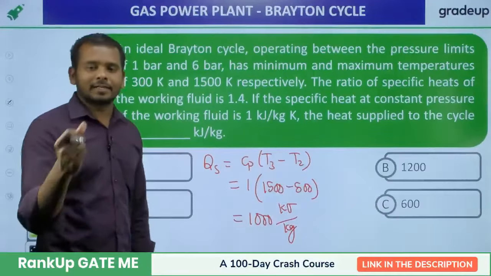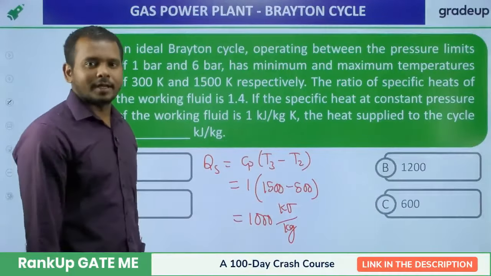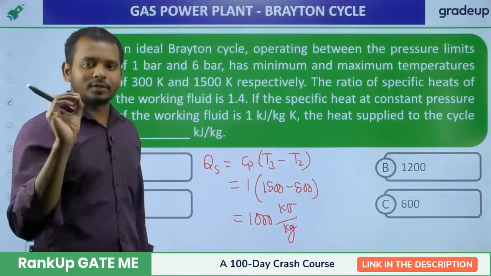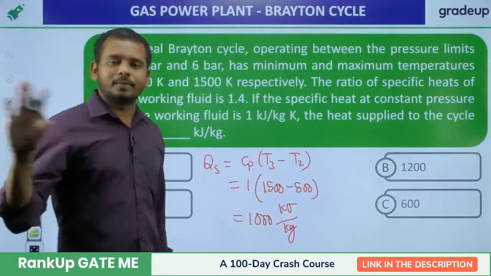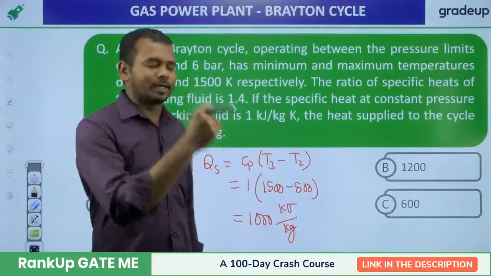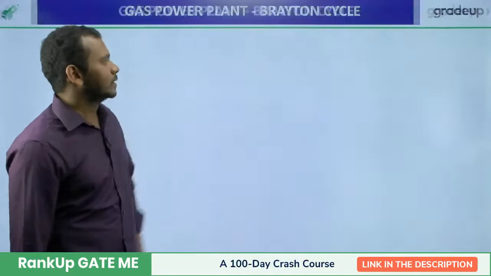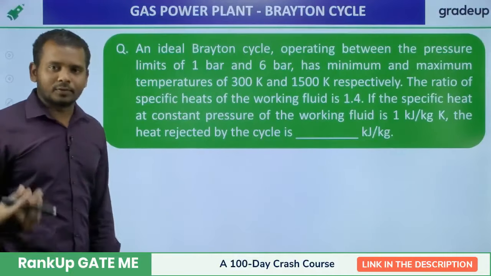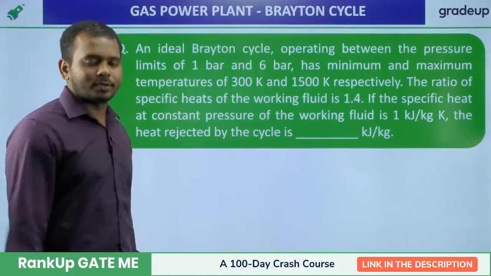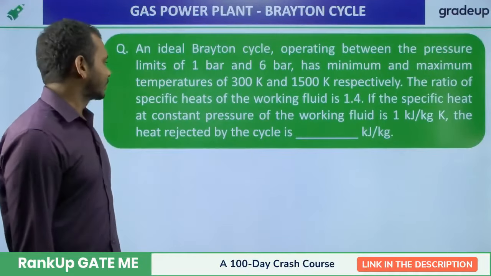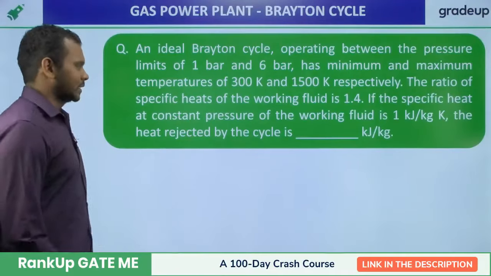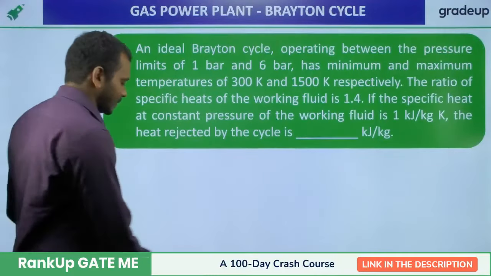We can get anything like this. Once you have T1, T2, T3, T4, that's it. The problem is over. You can get everything: heat transfer values, work transfer values, the net work output, the thermal efficiency. Right? See, for the same problem, what is the heat rejected by the cycle?